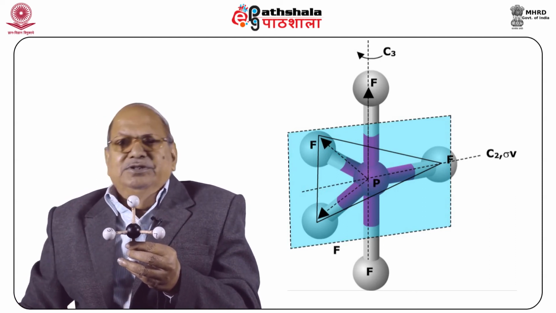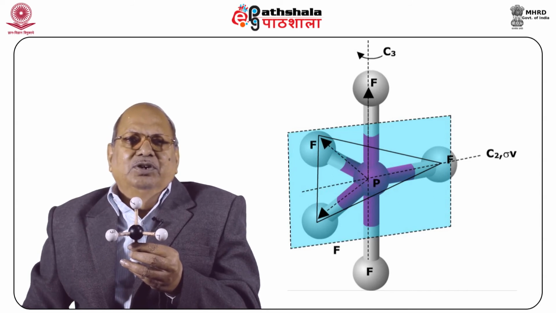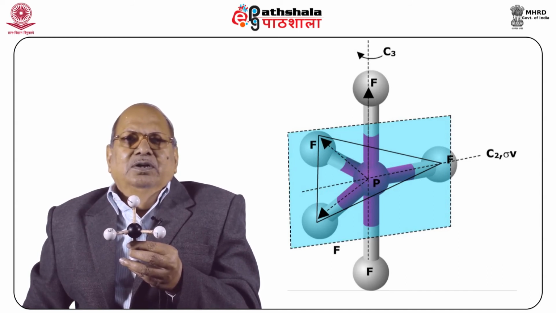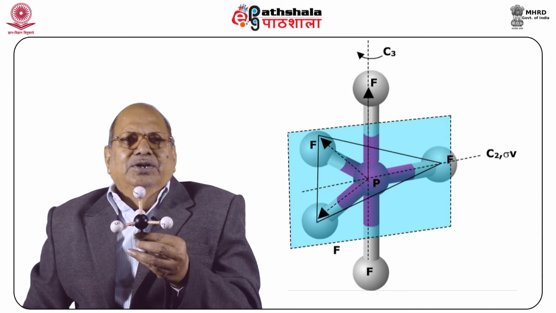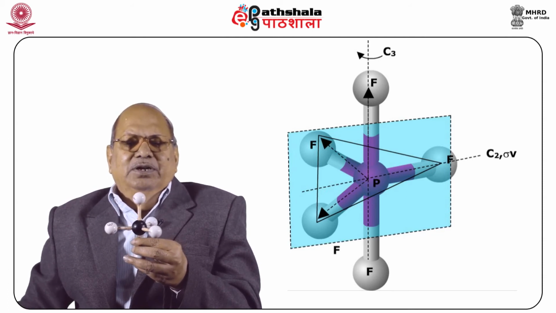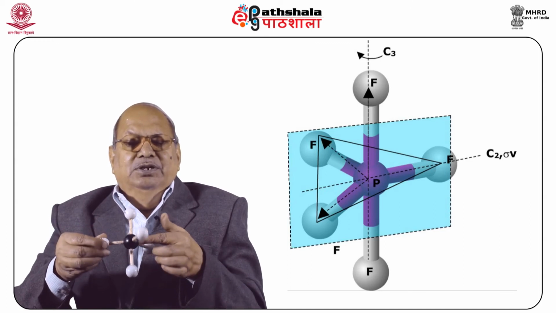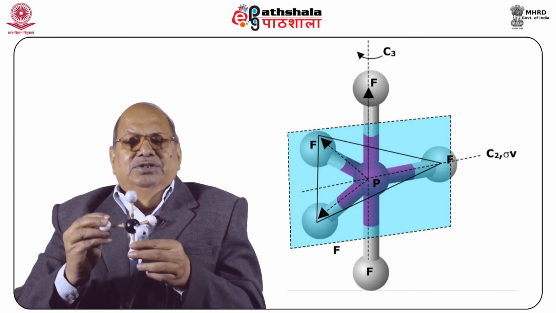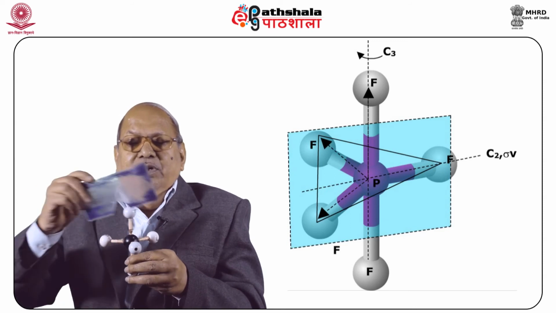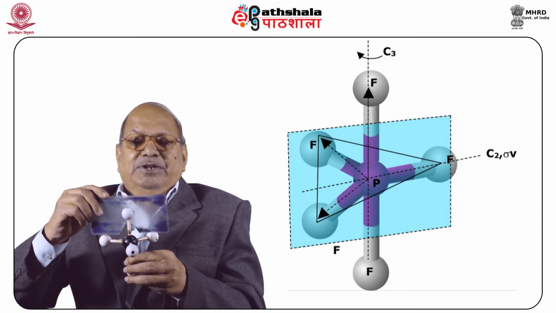And I will see now the effect of symmetry operations of D3H point group. For this, a figure is shown, in which C3 axis together with C2 axis and sigma V. This is my C2 axis. It is like this. And sigma V is also like this. It is passing through this.